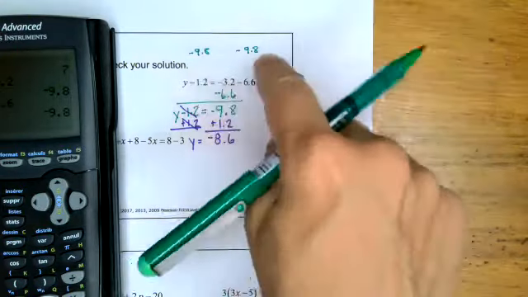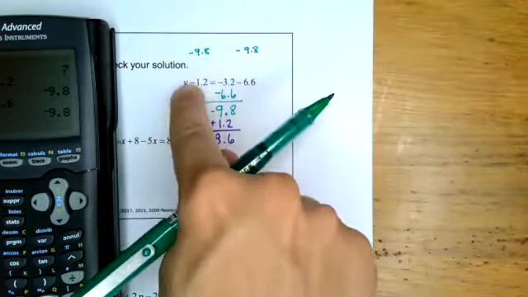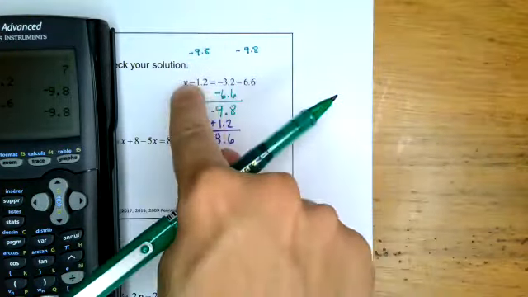So we maintained the equality. This is equal to this when y is this. Now, remember, I know that everything on the left is equal to everything on the right. Sorry, I stopped numbering them for number 3.